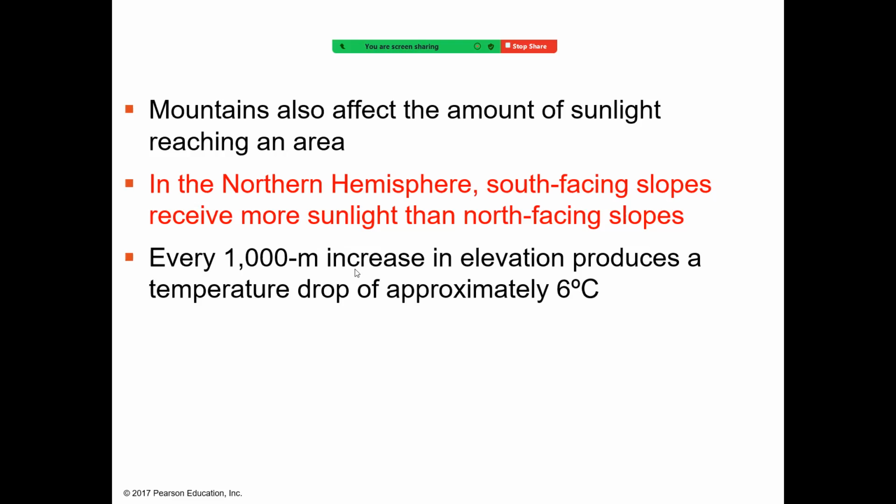So for every 1,000-meter increase in elevation, there's a temperature drop of approximately 6 degrees Celsius. And you can feel this if you're climbing or hiking in mountainous areas. You can be very warm at the bottom of the mountain. By the time you get to the top, you need quite a few layers because of all of the dramatic temperature differences that you can feel.